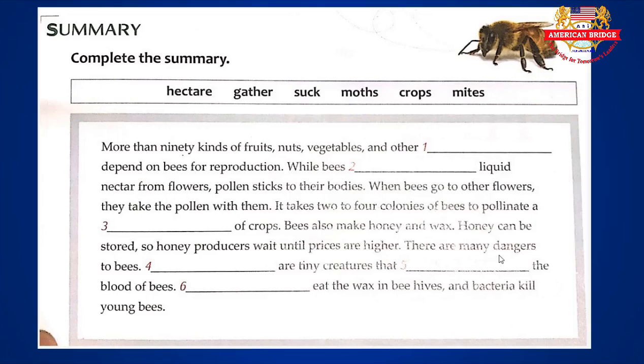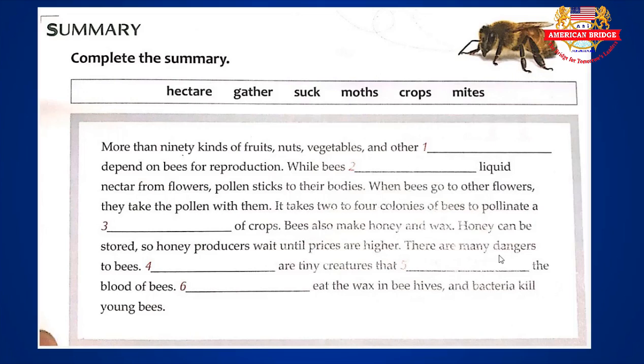So you can see here more than 90 kinds of fruits, nuts, vegetables, and others depend on bees for reproduction. While bees gather liquid nectar from flowers, pollen sticks to their bodies, and when bees go to other flowers, they take the pollen with them.